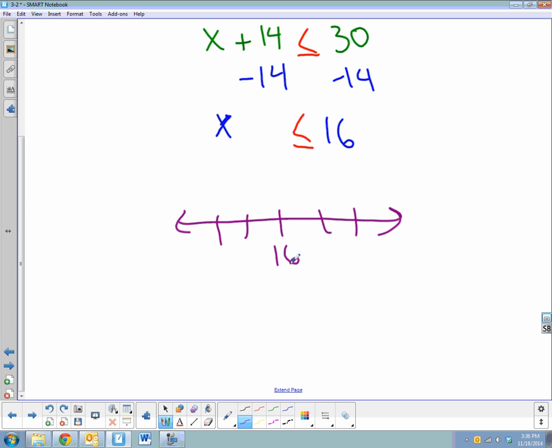You couldn't go negative with this scale. And so pick a scale that matches with the situation. I'm going to go by ones. If I graph it then, she could spend exactly $16 and still be okay. 16 more dollars plus the 14 she already spent, exactly 30. Or she could spend less than that.